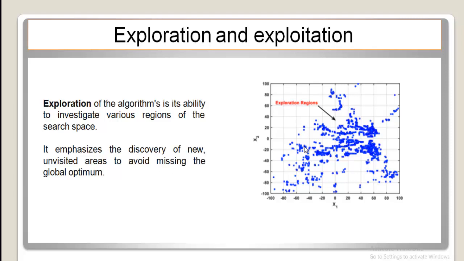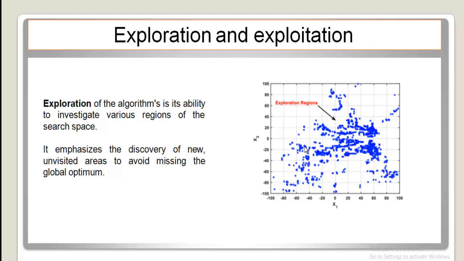It's the algorithm's way of finding the unexplored solutions of our search space. The aim here is to seek out and discover new areas that haven't been visited before. It's the algorithm's proactive approach to ensure that it doesn't miss out on any hidden values in order to find the global optimum that we are searching for.